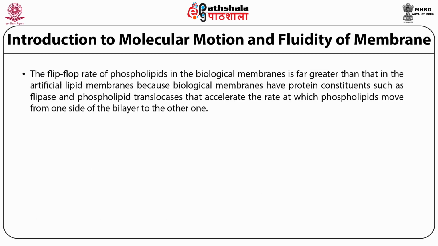So the flip-flop rate of phospholipid in biological membrane is far greater than in artificial membrane because of the existence of proteins known as flippase and phospholipid translocases, which accelerate the rate at which the phospholipid moves from one side of the bilayer to the other side.